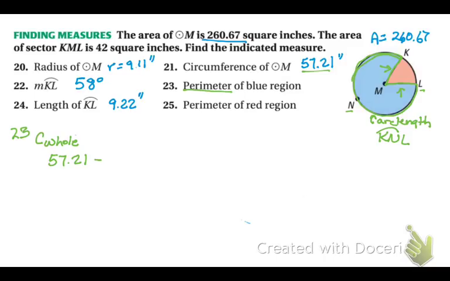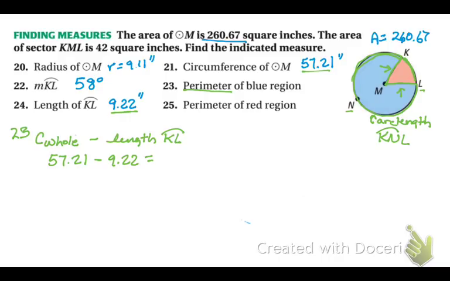Now we can take away this little arc length of KL, minus the length of KL, which we know is 9.22, and we're going to have the remainder.